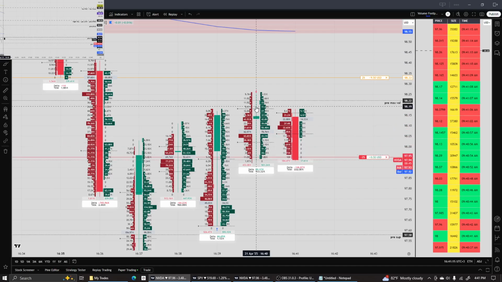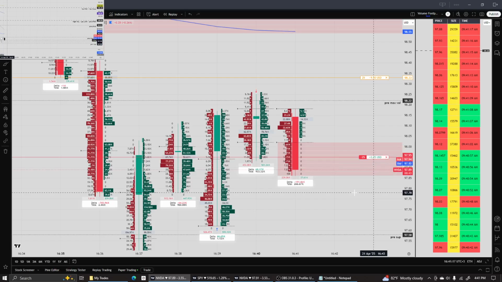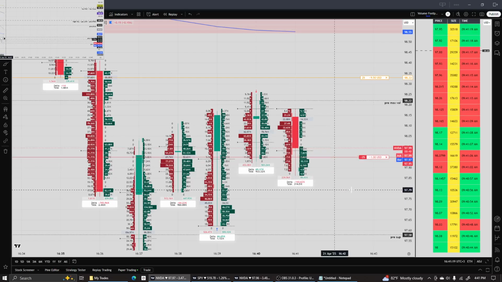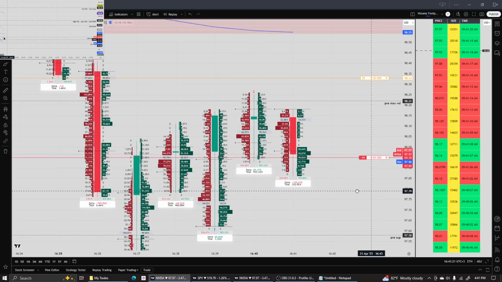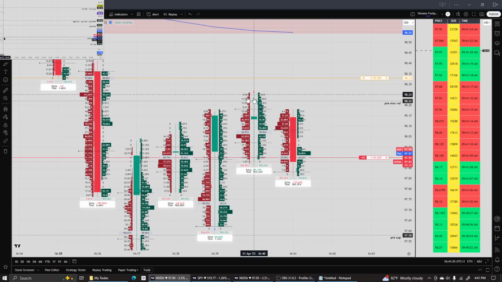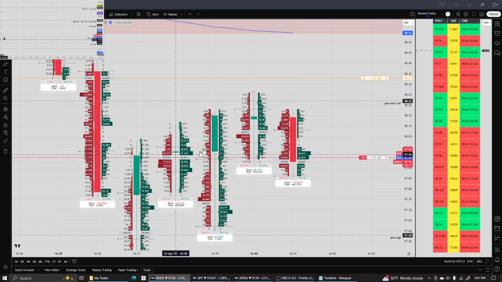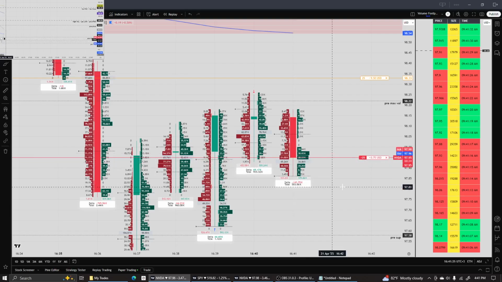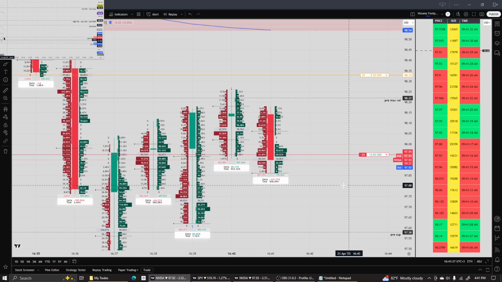That did not happen, so I expect the price to fall. That's why I sold. Again, the volume is lower, so the push is very aggressive.